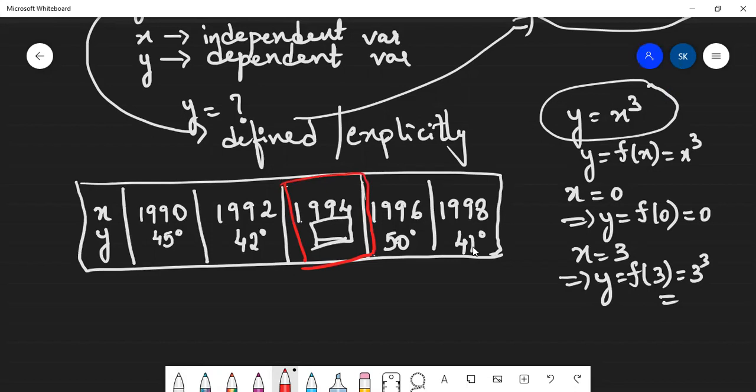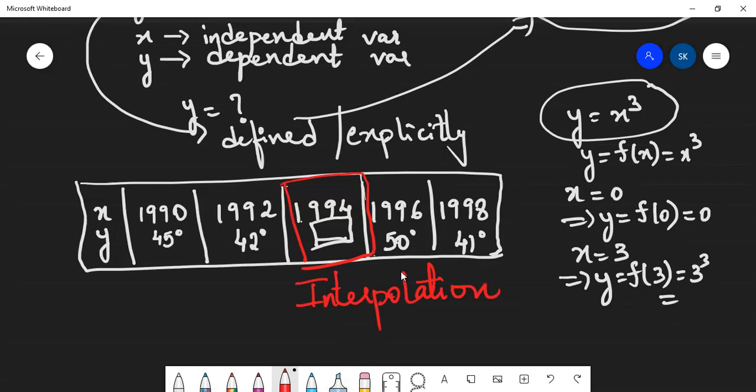When you are finding the y value in between the given range of x, it is called interpolation. So, what is interpolation? Calculating or estimating the dependent value, that is the y value, based on the independent value, but within the given range of x. That process is called interpolation.